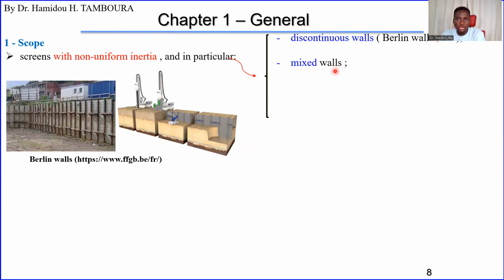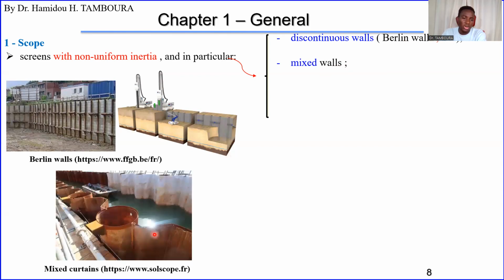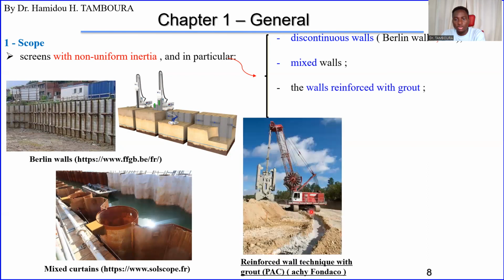We have mixed walls also. This is a very typical example of mixed walls. We have tubular piles and sheet piles mixed together to build this type of wall. We also have walls reinforced with grout.